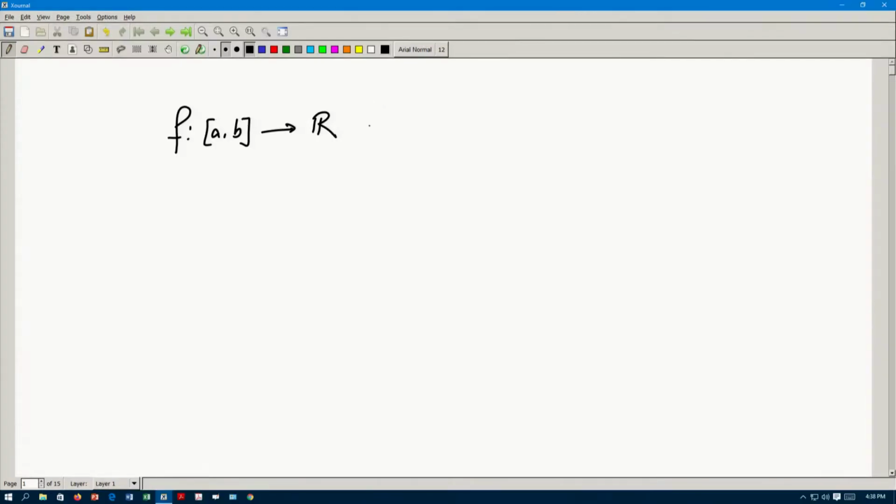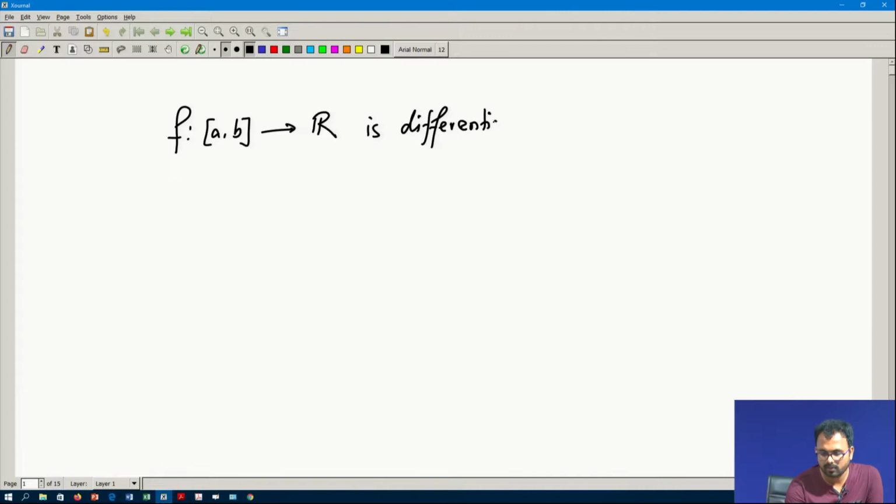Suppose you have a function f mapping from a to b to R, and it is differentiable at least once.